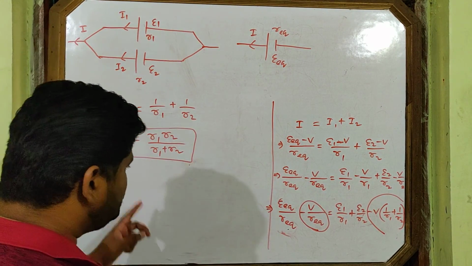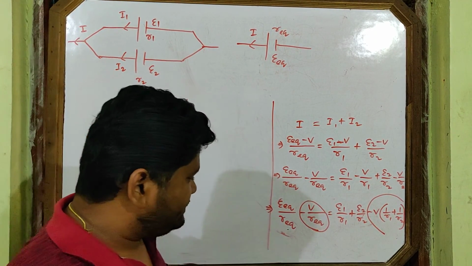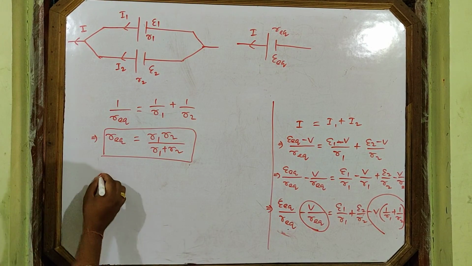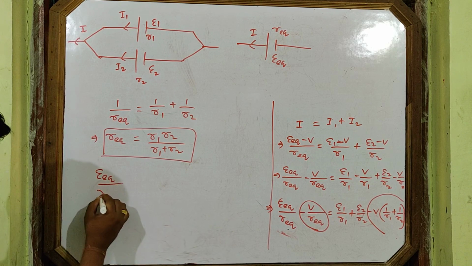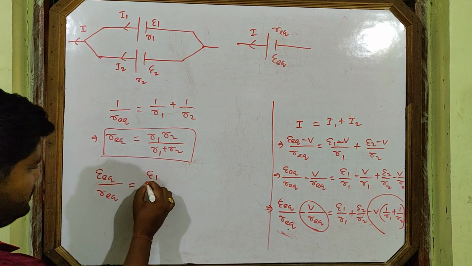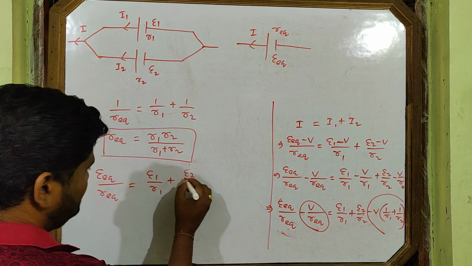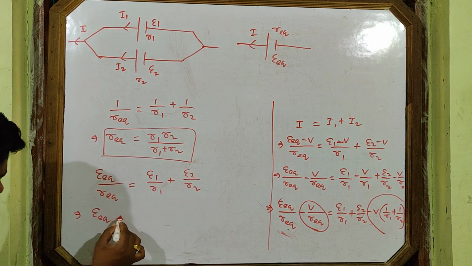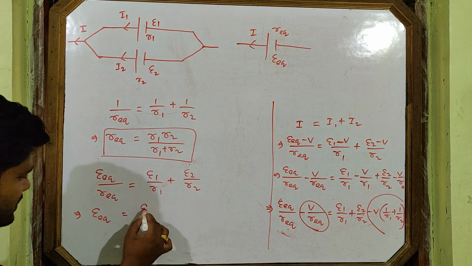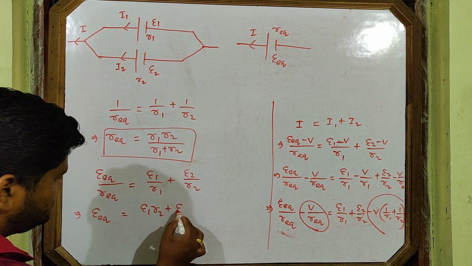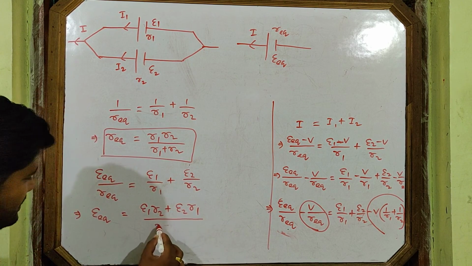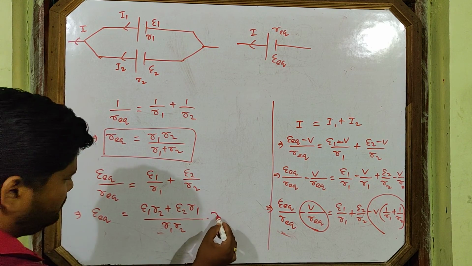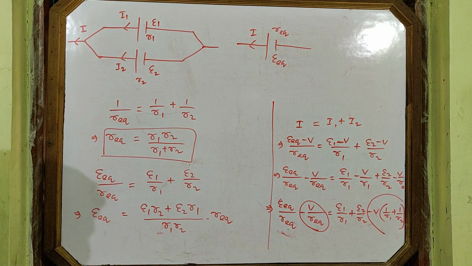Okay. Now we go to the next one. The LHS, this side, and this one you compare. So E equivalent by R equivalent equals E1 by R1 plus E2 by R2. This implies E equivalent equals E1 R2 plus E2 R1 by R1 R2 into R equivalent.